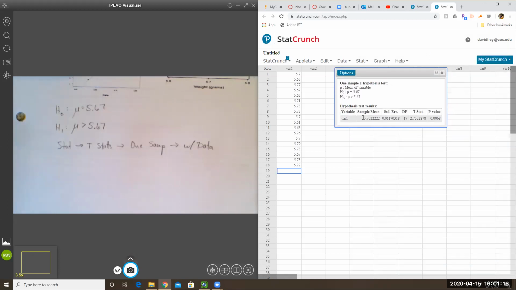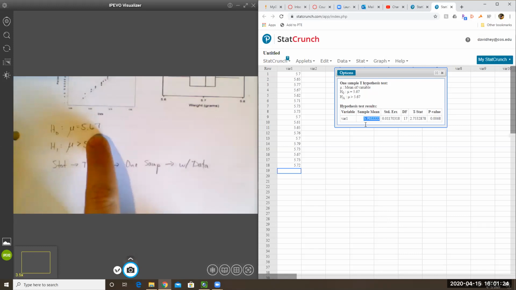So there's our sample mean, in case you're interested, right? So our population mean was 5.67. The sample mean for this particular set of state quarters was 5.70. And that is larger. It's larger by 0.03 grams. So there is a difference there. Is it different enough? Well, yeah, right?